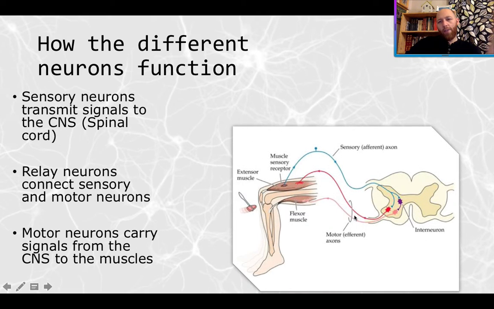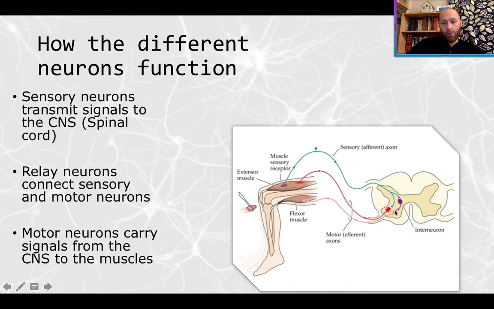So let's have a look at this. This is a reflex arc. If the doctor's ever hit you just below the knee, you've got a reflex there, which you don't have any control over, which can be activated. So sensory neurons detect the strike, and they send the information to, this is a slice through, top down, of the spinal cord. So the sensory information is sent through to the spinal cord, and here you can see it's connected to relay neurons.